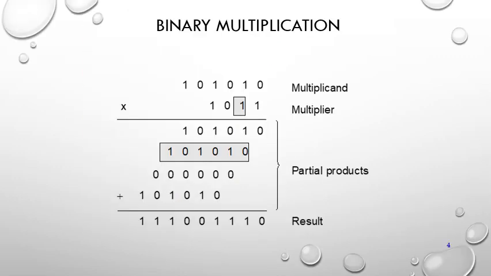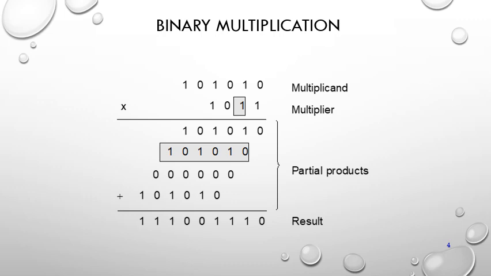First, multipliers. This is the normal binary multiplication shown here. This is the multiplicand and this is the multiplier. To multiply in binary, first we multiply using this 1: 1 into 0 is 0, 1 into 1 is 1, 1 into 0 is 0, 1 into 1 is 1, 1 into 0 is 0, 1 into 1 is 1.